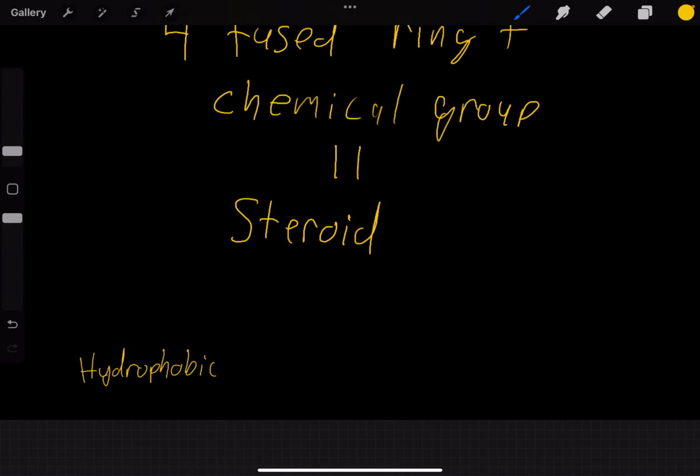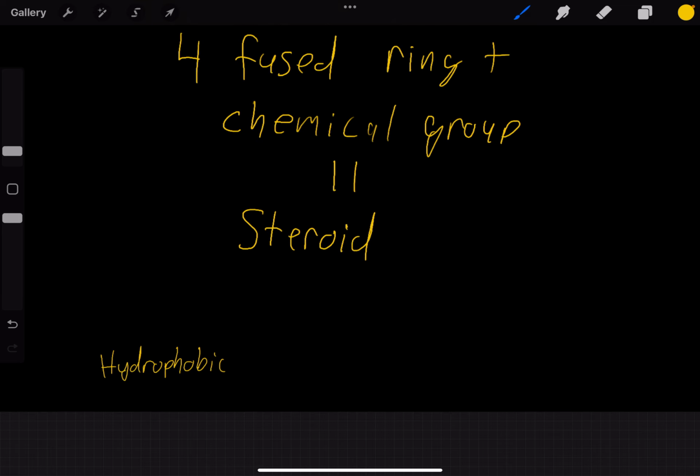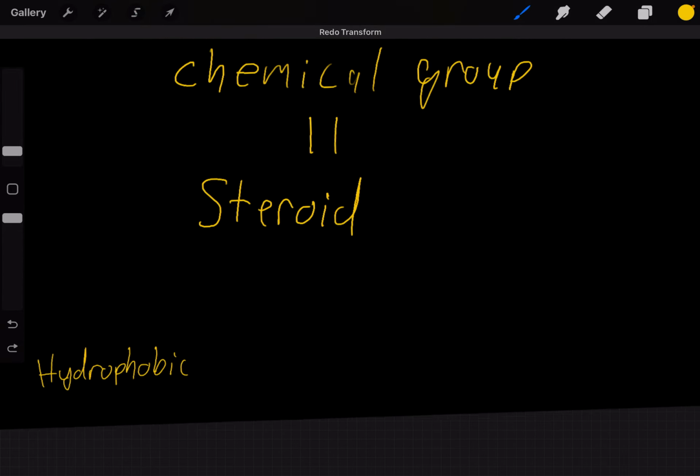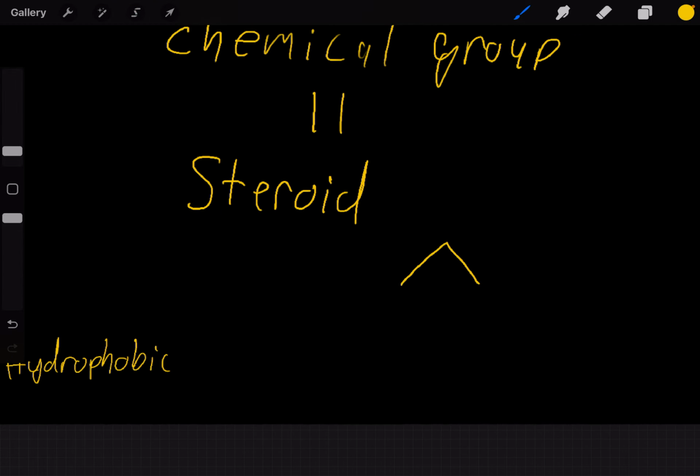So basically what that would look like, I do not know how to draw this. Bam, bam, bam, bam. So you'll have that connected to another one.